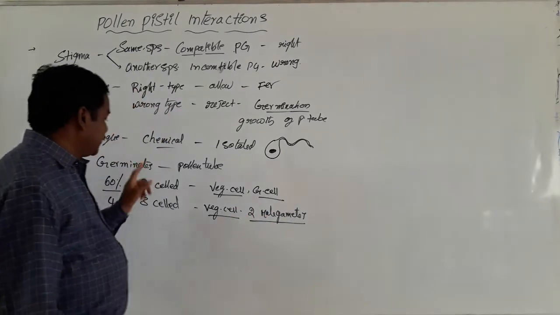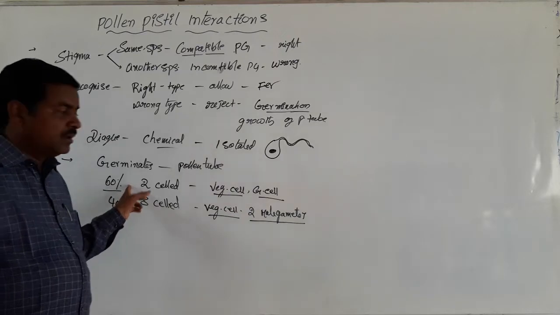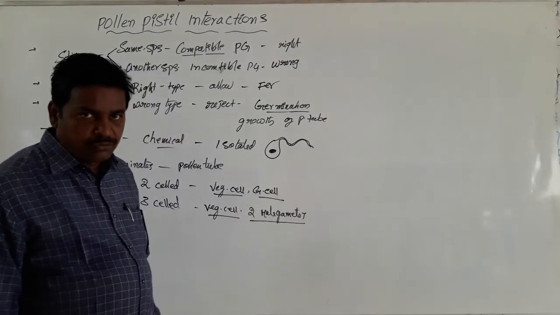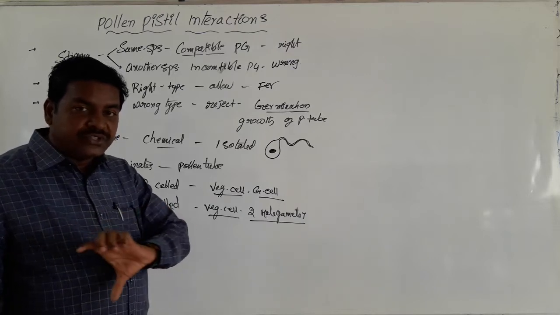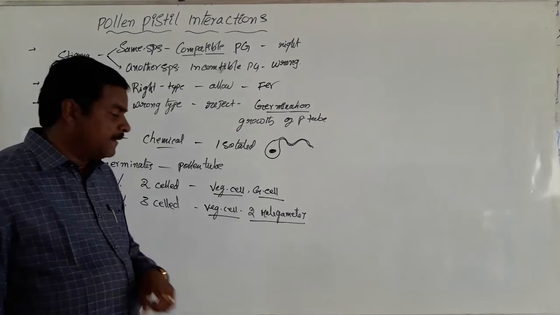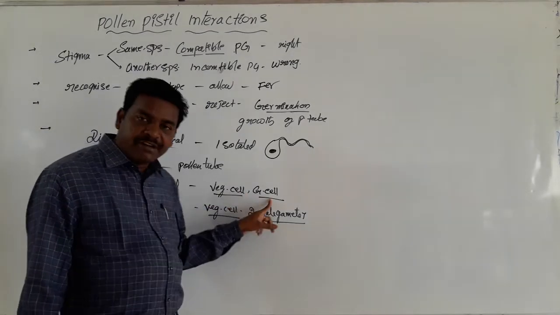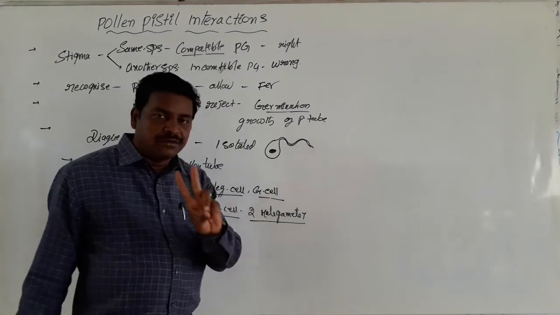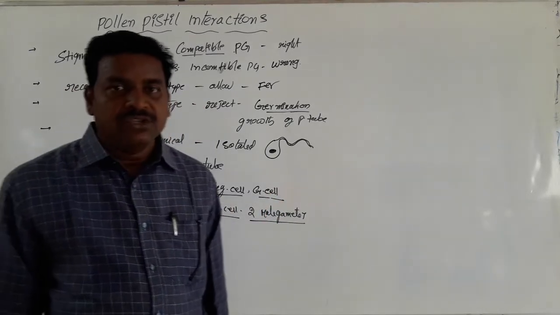But in the case of the 60% of plants, the vegetative cell and generative cell first enter into the pollen tube. While the pollen tube grows through the style, this generative cell divides by one more mitosis, leading to the formation of 2 male gametes.